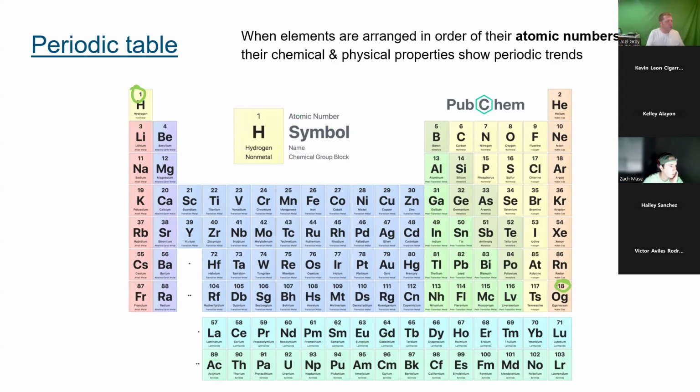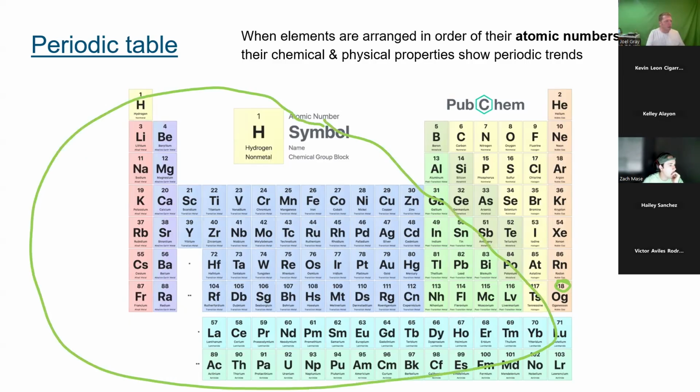Generally, whenever it comes to the periodic table, the left-hand side is considered to be your metals, and the right-hand side are your nonmetals. Your metals and your nonmetals are going to have different properties.